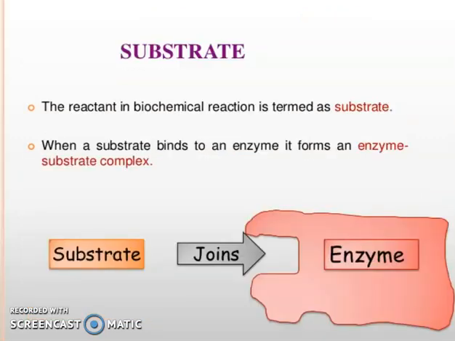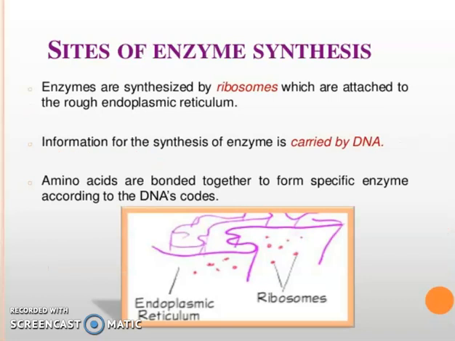So my friends, what is the meaning of substrate? The reactant in a biochemical reaction is termed a substrate. When a substrate binds to an enzyme, it forms an enzyme-substrate complex.